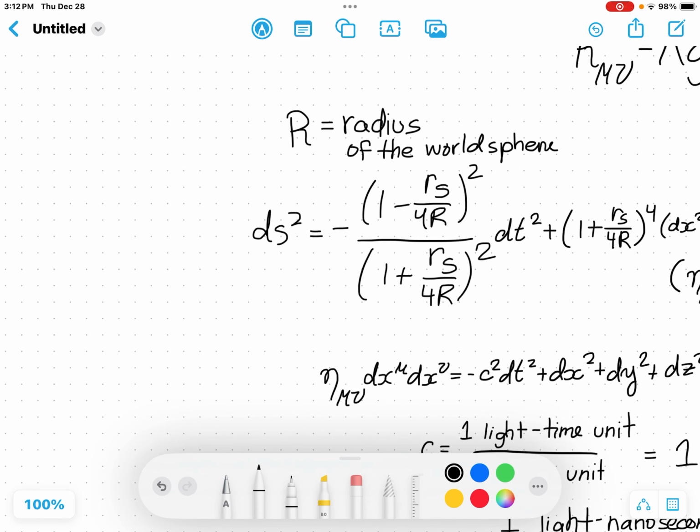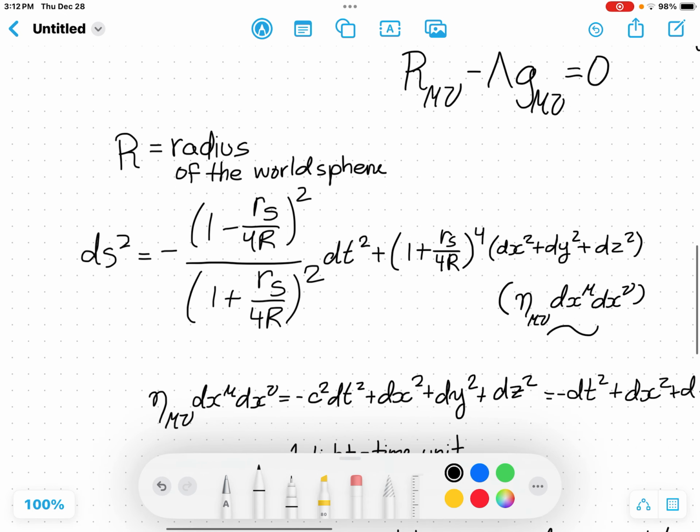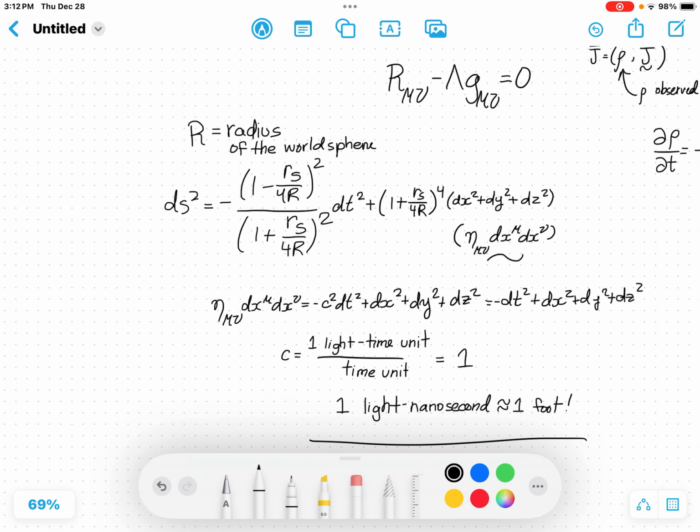That's why I call it a world sphere, because we're talking about a sphere. And of course, we're working in 3 dimensions of space, not just 2. All right. So that's why I call it a world sphere. I never seemed to justify that back when we started this series, or this course.